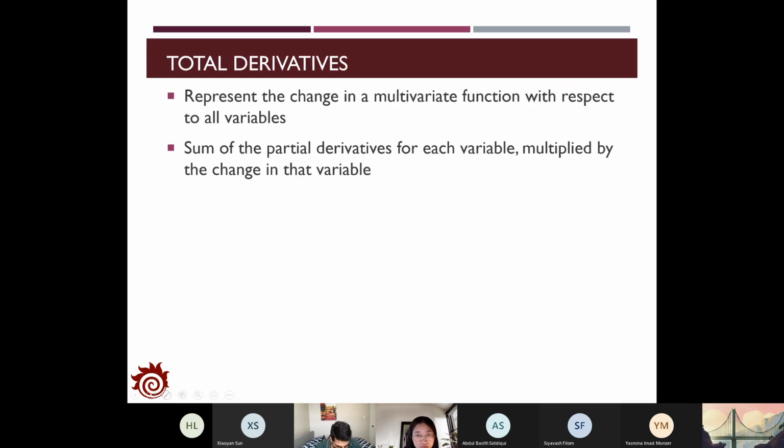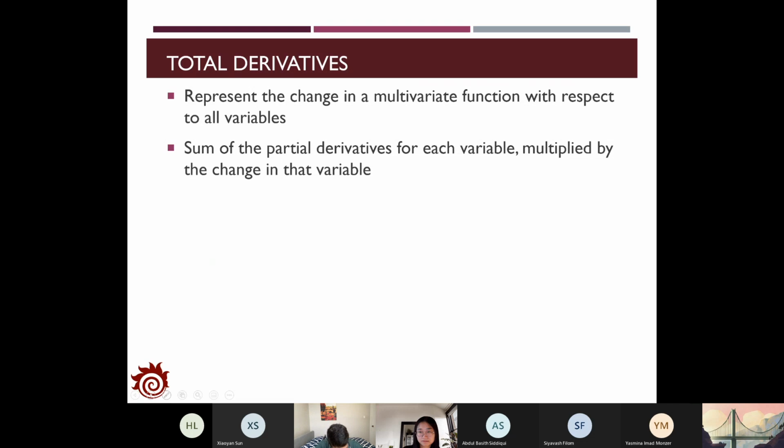And for the multivariate relationship, we also want to see the total derivative. The total derivative represents the changes in the multivariate function with respect to all the variables. What if we have changes in all variables? What's the total change of this multivariate function?